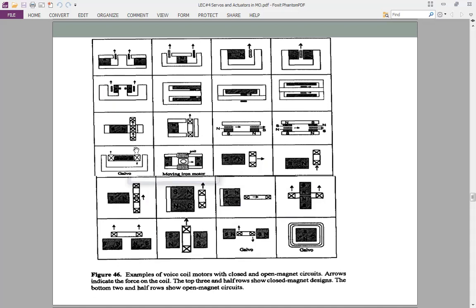There are several other configurations of the voice coil assembly, and all of them work on the same principle: the error that was generated will send in current, the current will create a force, and that force will push the objective lens either towards the optical disc or away from the optical disc, and in that process the error is getting corrected.